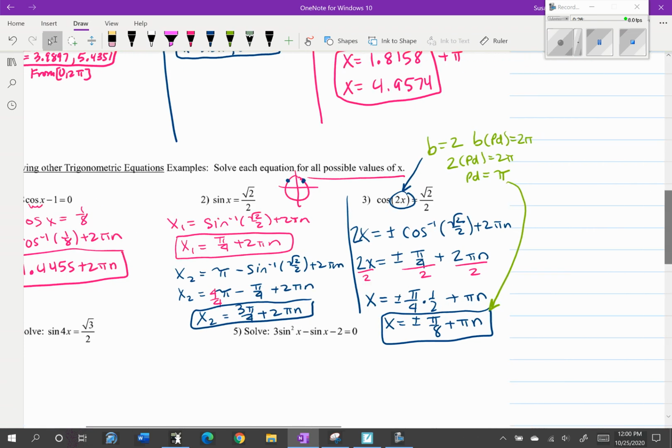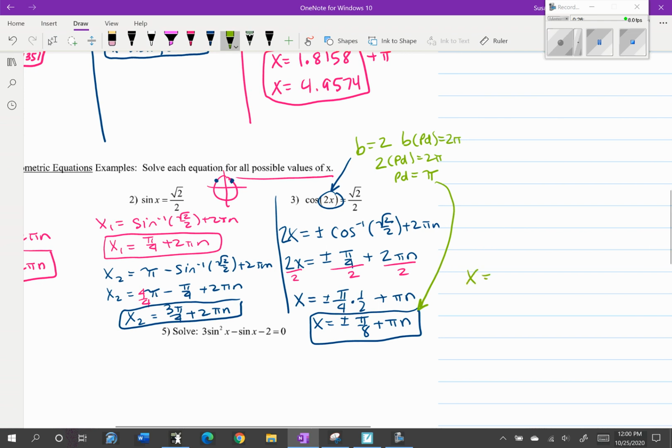Had we done that, we could have said 2x equals pi over 4 plus 2 pi n, or 2x is equal to 7 pi over 4 plus 2 pi n. You still get the same solutions, it's just a different way of writing it. So here, pi over 8 plus pi n, and then you would still have to divide these by 2, and you would have gotten x is equal to 7 pi over 8 plus pi n.